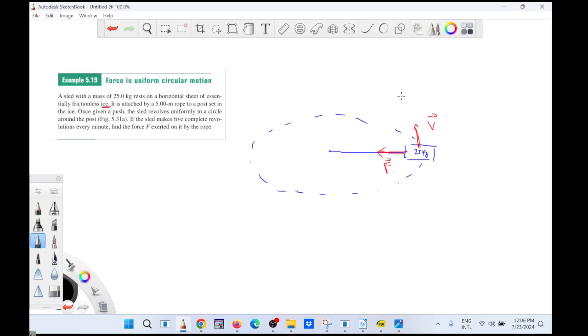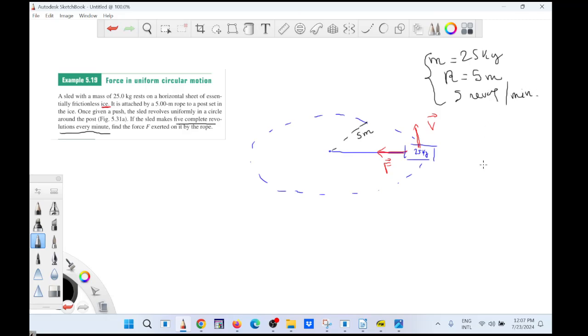Okay, so what is given? The mass is 25 kilograms, and then the radius is 5 meters. So this is 5 meters. Okay, and it's doing 5 revolutions per minute.